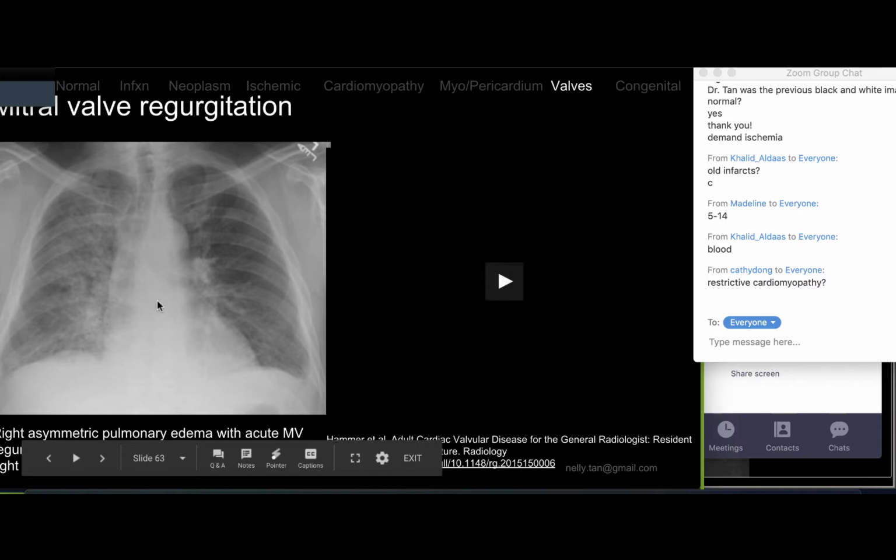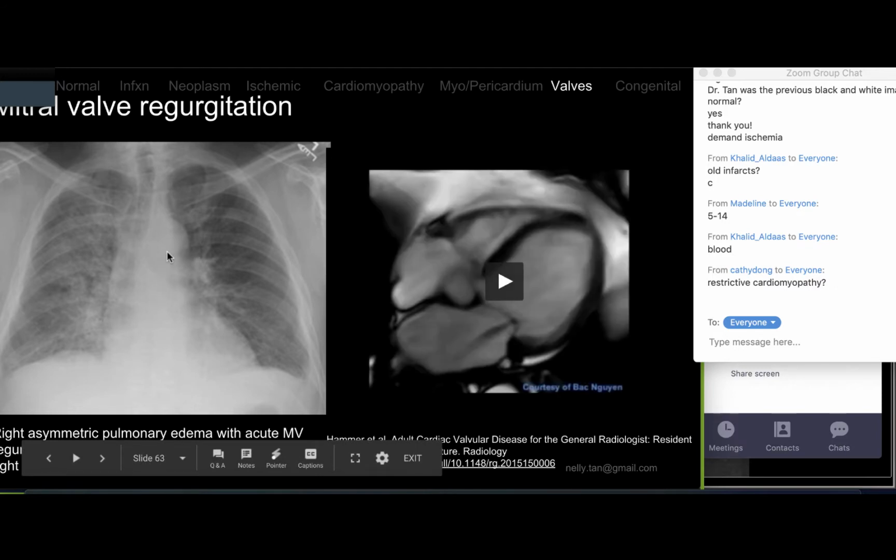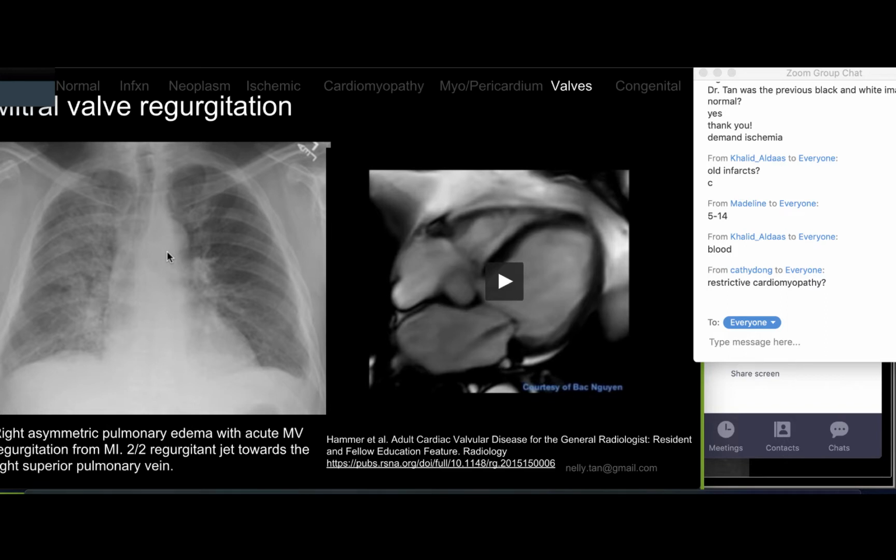So here, what do you see on the chest radiograph? So lung volumes are normal. Is there any consolidation or pulmonary edema? Okay, and can you tell me more information?